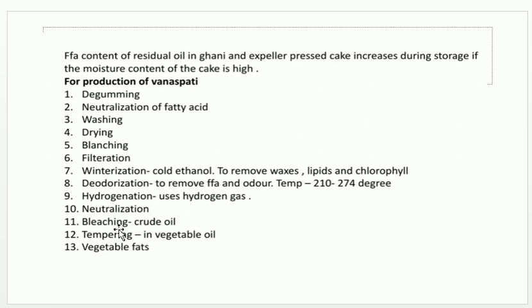Deodorization removes the free fatty acid and water at a temperature of 210 to 274 degrees centigrade. After that, hydrogenation uses hydrogen gas in order to prevent the oxidation of oil.